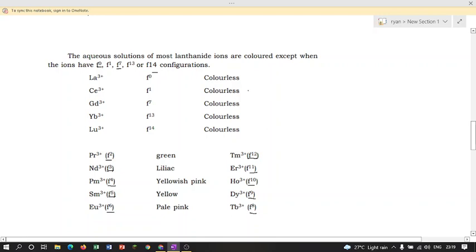Here f1 and f13 have similar color. Here fn resembles f(14 minus n). Both of them have similar color. Second important thing, the oxidation number should be seen.